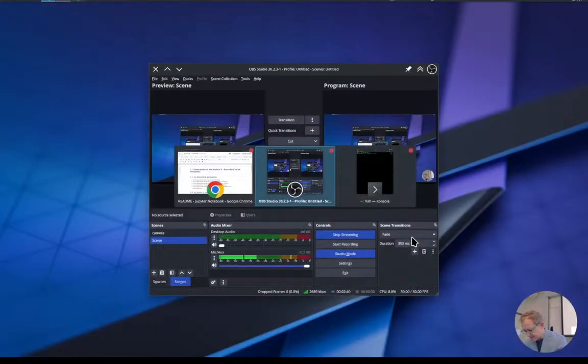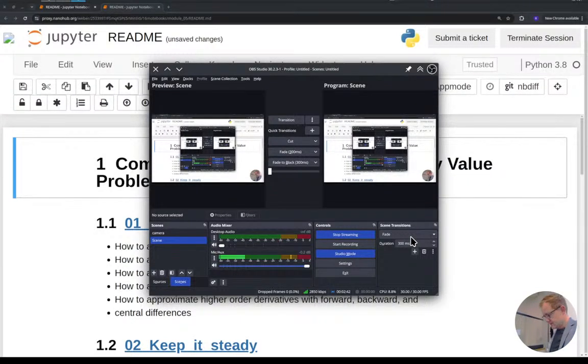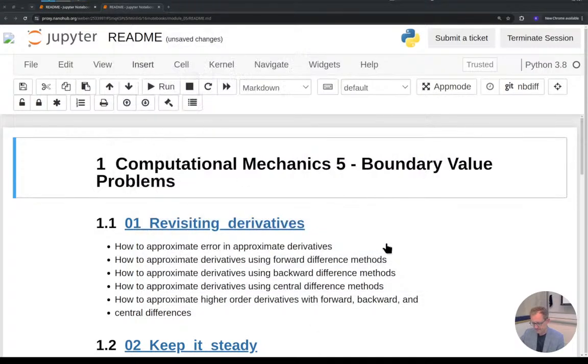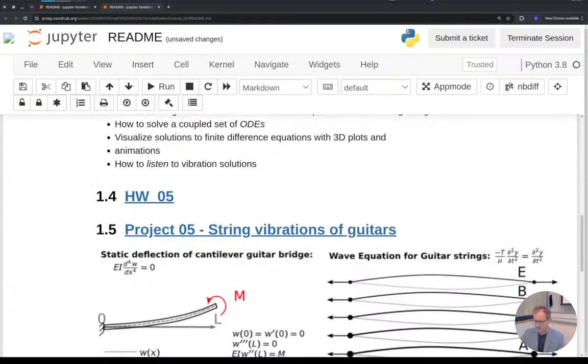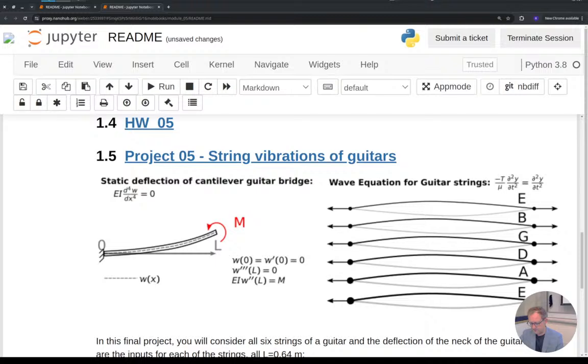Here, let me take a seat since it's just a few of us here. There we go. All right, so let's come down to project number 5.